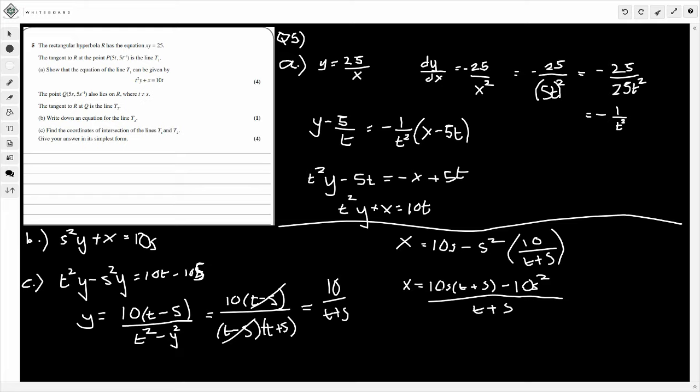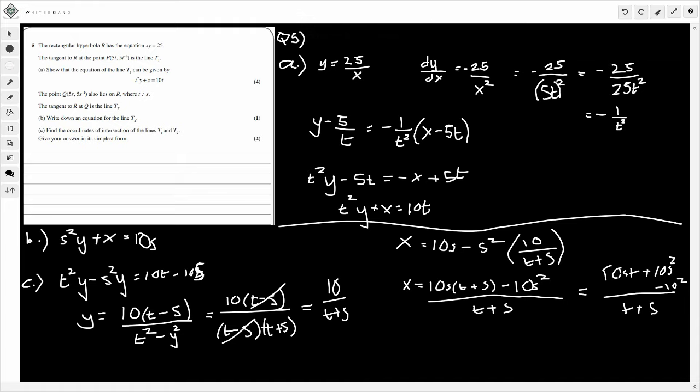If we simplify this now, I'm going to get 10st plus 10s squared, and then minus the 10s squared, so minus 10s squared, all divided by t plus s. Sorry about that, guys. So this is going to be t plus s on the denominator.